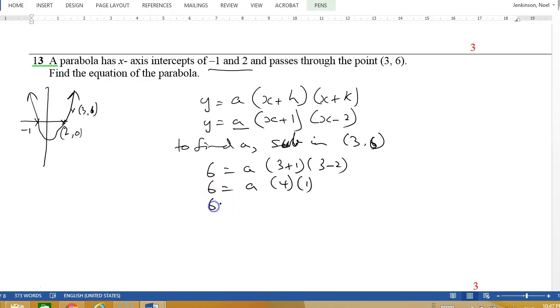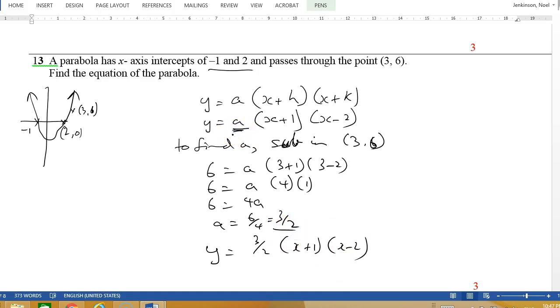So 6 equals 4a, a equals 6 on 4 equals 3 on 2, and that's finished. The equation is 3 on 2 times (x plus 1) times (x minus 2). We just took that value for a and put it up there.